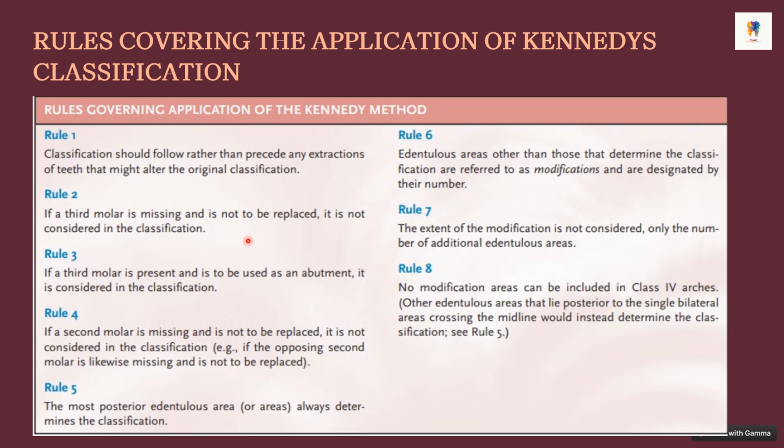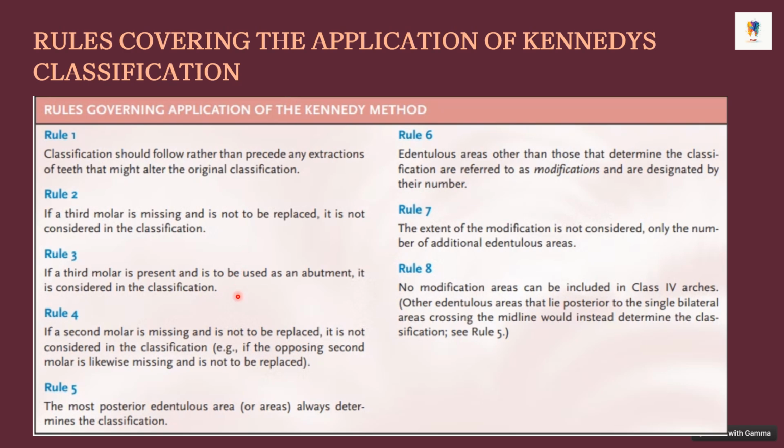On that missing area you cannot classify a patient. You're not going to determine any class on the basis of that missing third molar. If you're not including it in your classification, it is not considered.